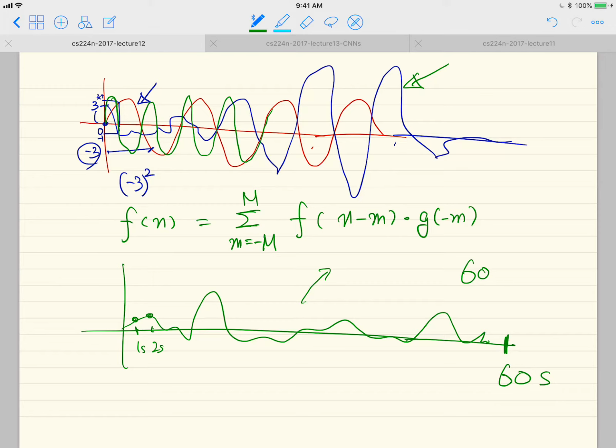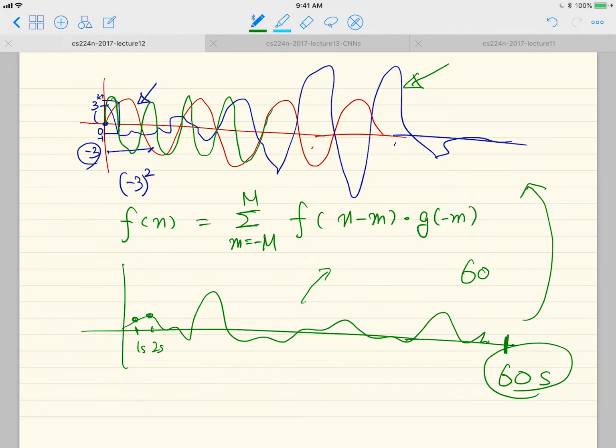Ideally, a time domain signal with a length of 60, or dimension 60, can be equivalently represented as a frequency domain signal with the same dimensions. So we can represent it as frequency components with respect to 60 different frequency values. That's how we can convert this time domain signal into a frequency domain signal.